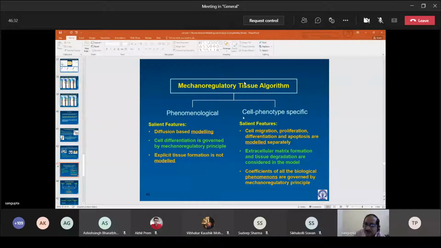So this cell phenotype specific modeling approach is much more detailed as compared to the phenomenological model, which is diffusion based. So once it is diffusion based, all these cell migration, proliferation, differentiation, and cell death are modeled together in this case.